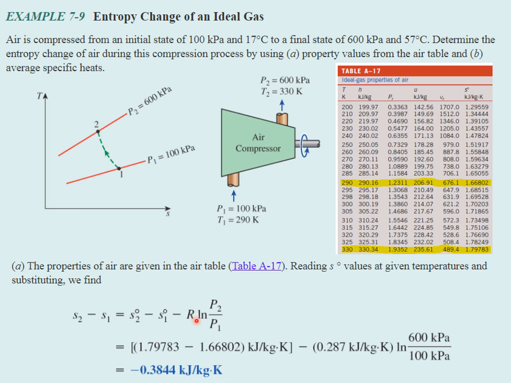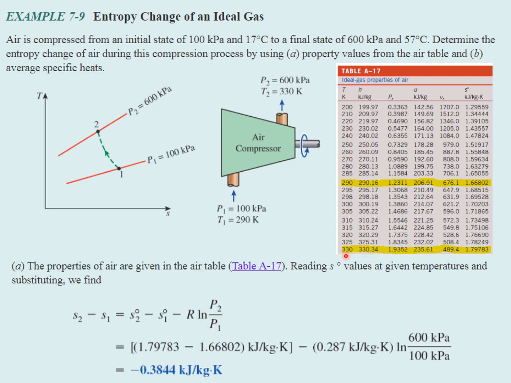Using the air tables, if you have them available, is actually pretty accurate and also very easy. All you need to do is look up the values. Here at 290 Kelvin, I've highlighted what the different values are. You can see the value for s here. You can see the R value, you can get that out of the table as well.